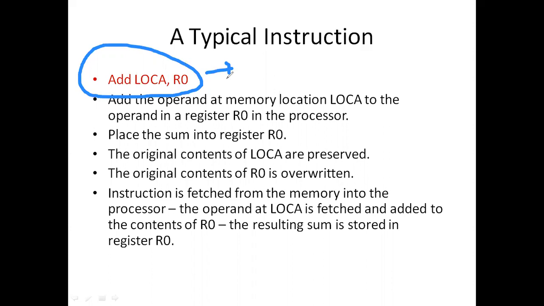When you need to give an example of a typical instruction, you may cite this one. Similarly, SUB for subtraction, MUL for multiplication; we'll get to know about those different operations in later classes.